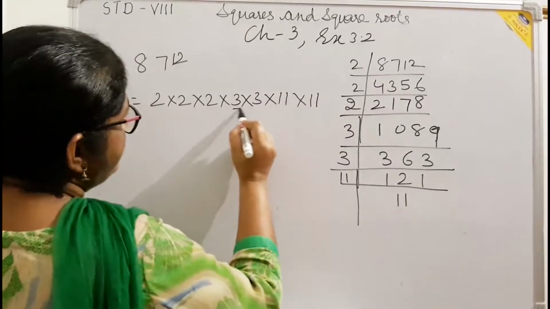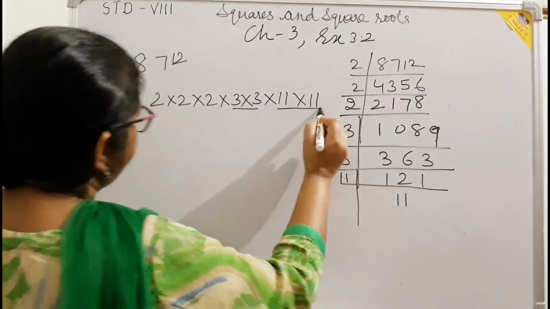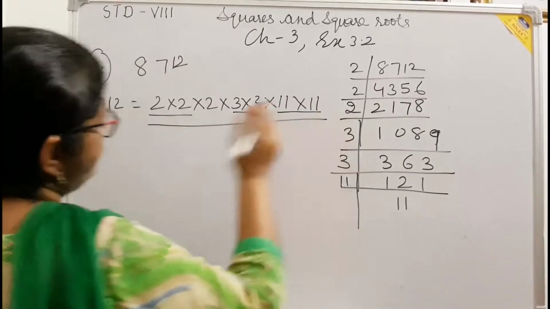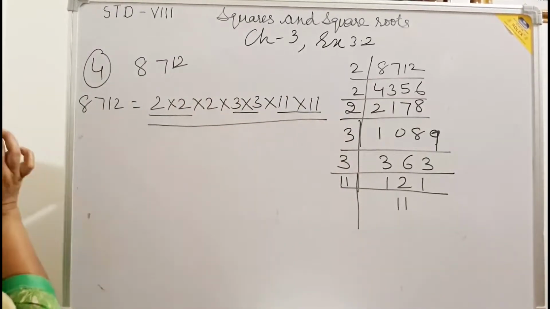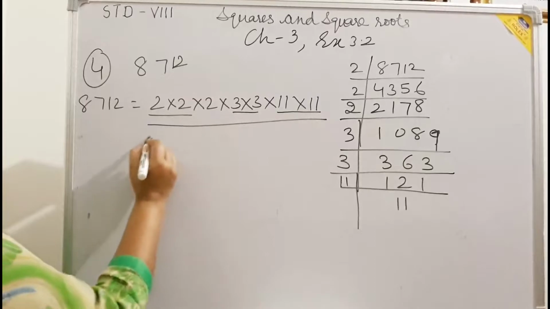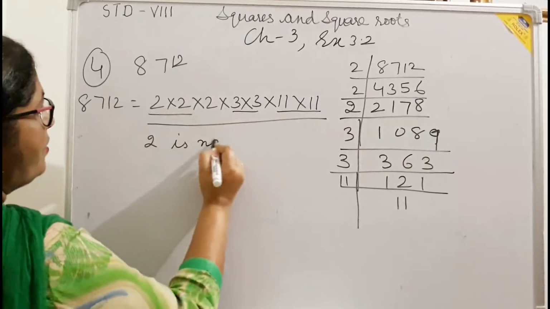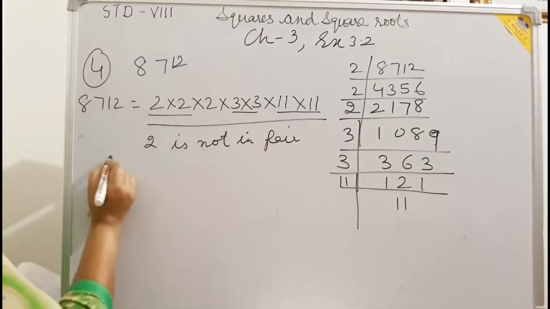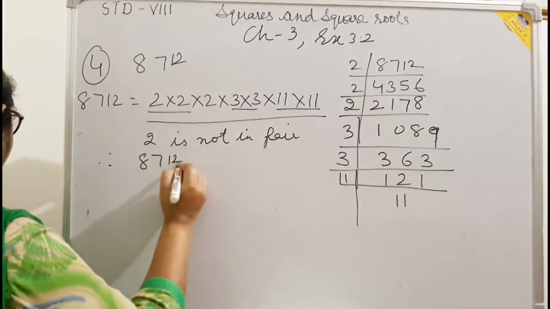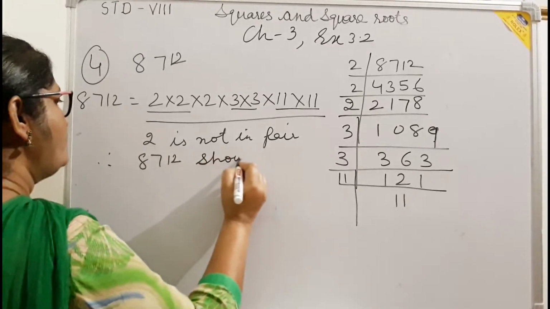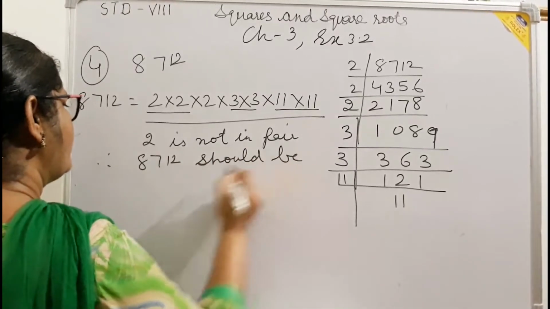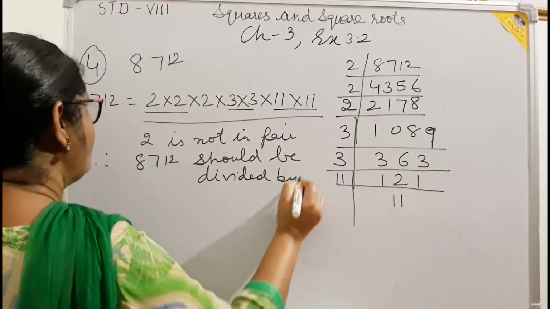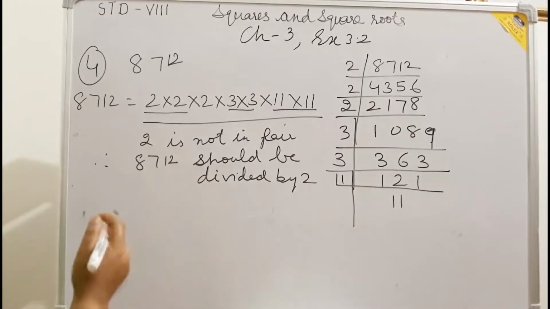Means 3 is in pair, 11 also, and 2 is left over, which means we should divide it by 2. 2 is not in pair. So 8712 should be divided by 2.